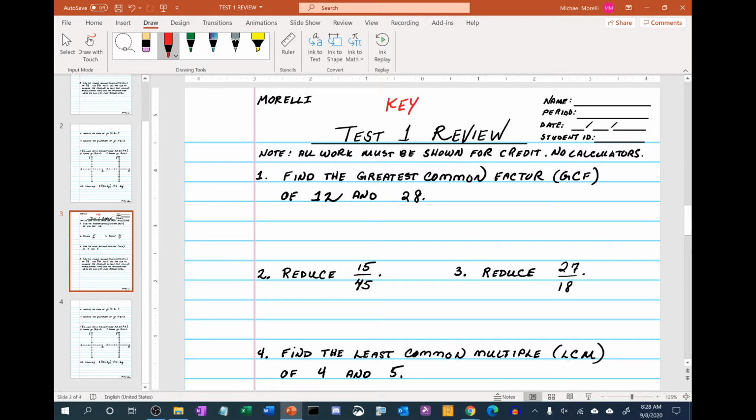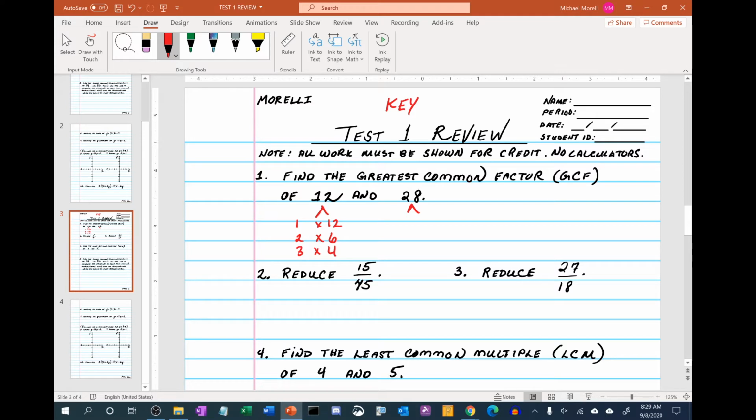Number 1, find the greatest common factor, or GCF, of 12 and 28. The way we do that is we break down 12 and 28 into all of the different factor pairs that we know of. So 1 times 12 is a factor pair, 2 times 6, 3 times 4.